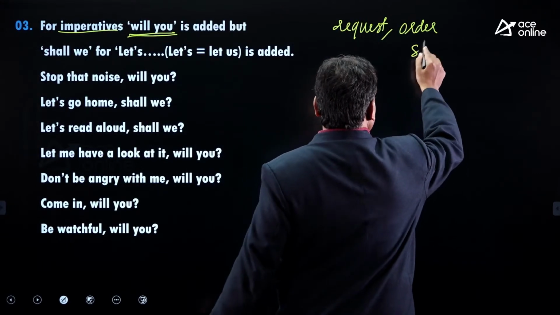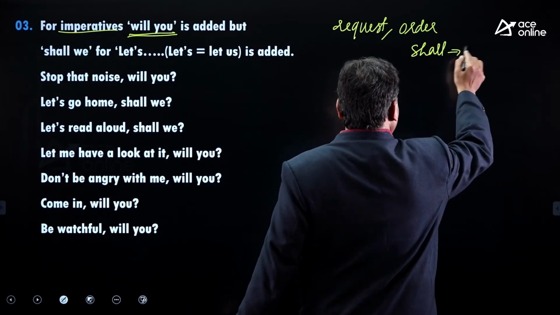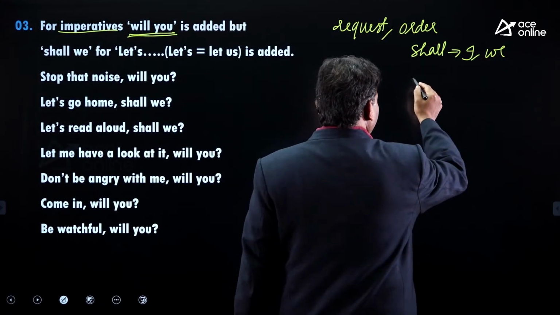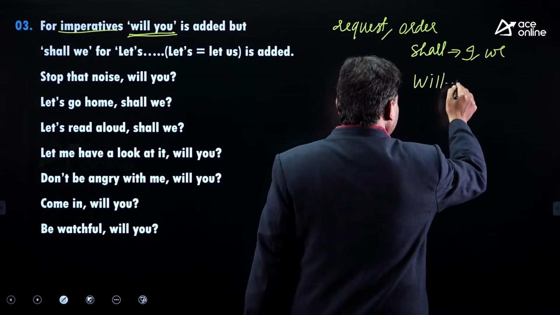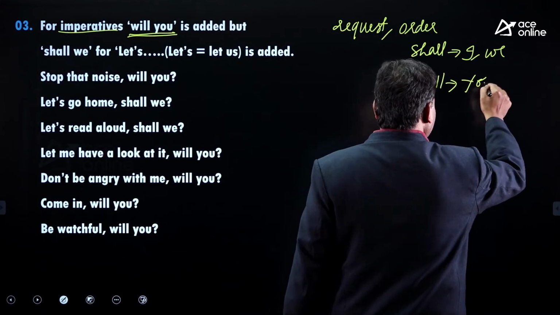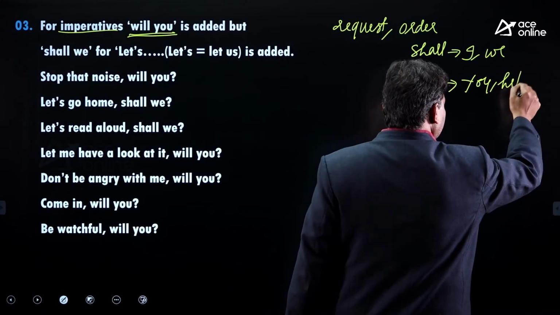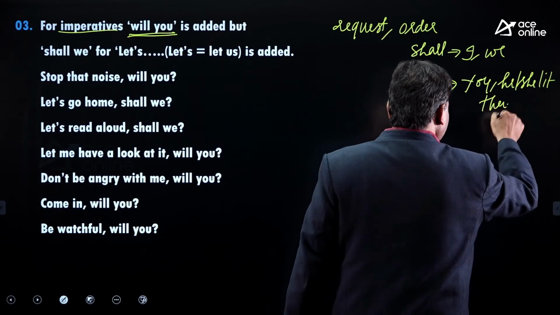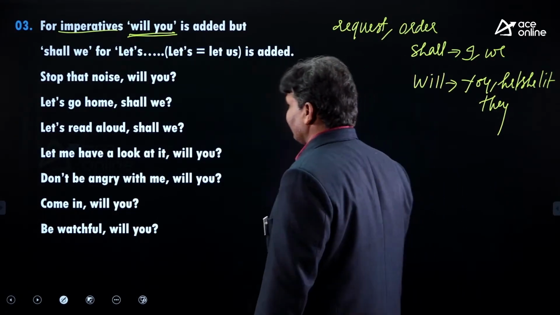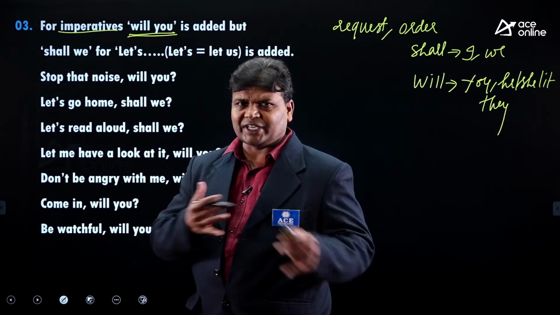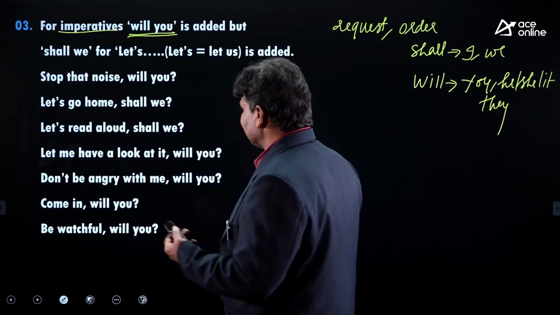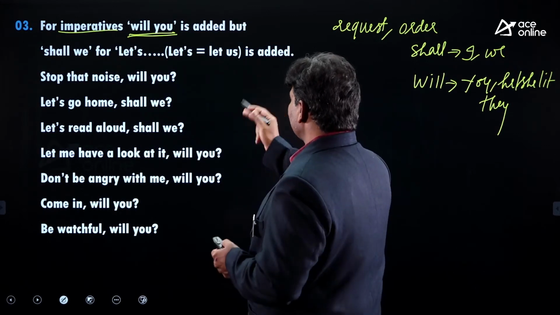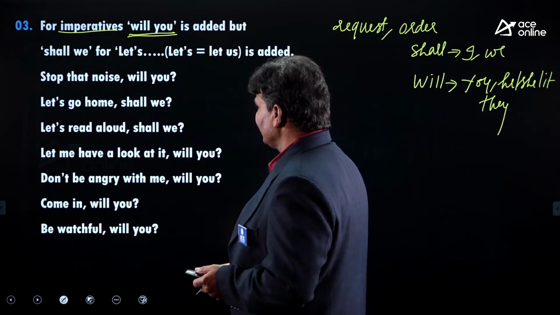The word shall is activated with I person and we person, and will is activated with the you person, he, she, it, and what we call they, students. Generally we say I shall, we shall. Interchange can take place if you go to the modals, but the meaning changes. Shall we for let's, which means let us, is added.